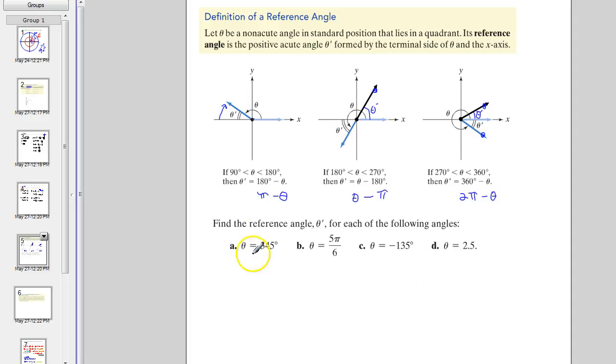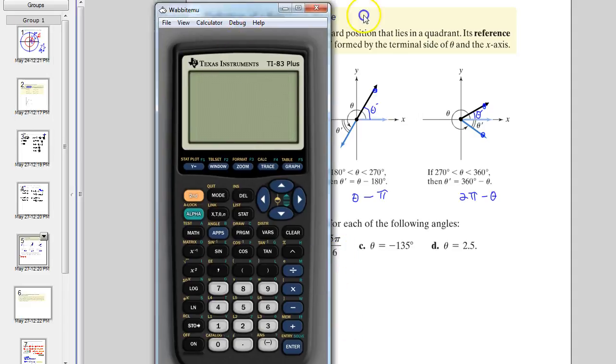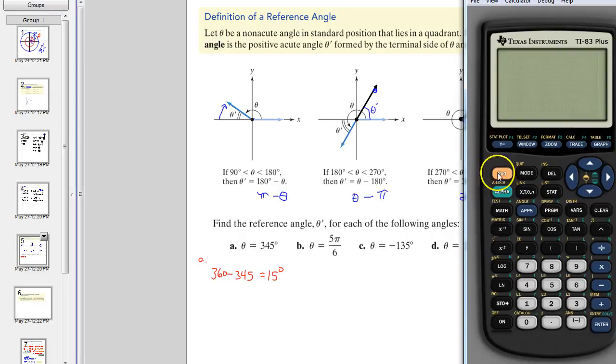All right, so find the reference angle. 345, where are we? For 345, we are in quadrant 4. So we're going to take that and subtract from 360. Okay, now 5 pi over 6. Well, where would we be if this were radians? If you don't know your radians, what you can do is know this is 0, this is pi over 2, pi, and 3 pi over 2.